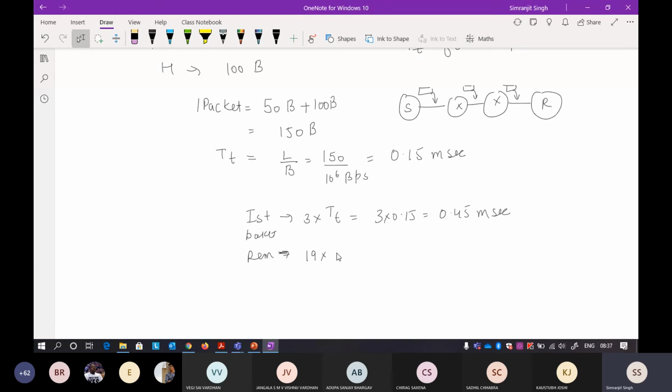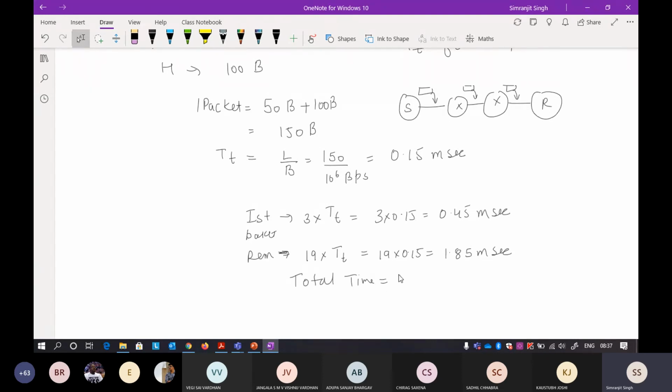After every 1 tt you get a packet at the receiver end. So it will be 19 into 0.15, which is 1.85 millisecond.